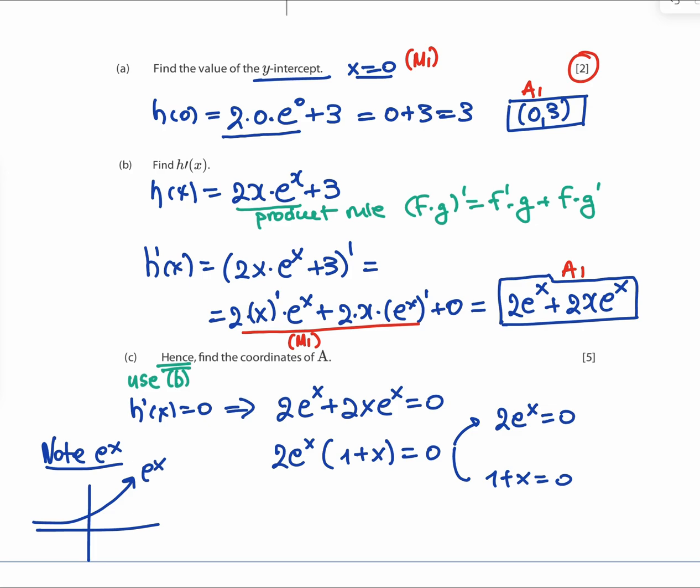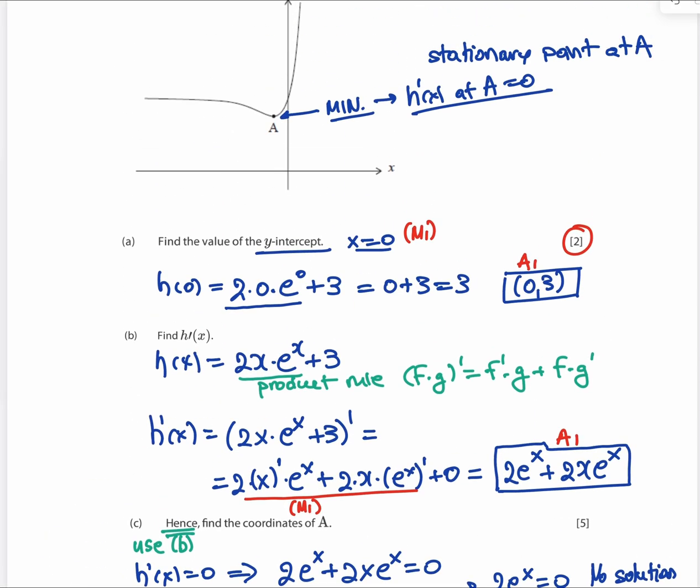So that would never become 0. So this one is not possible, no solution, which means what we're going to get out of that is that from the second branch x is equal to -1. And that's a solution that is accepted.